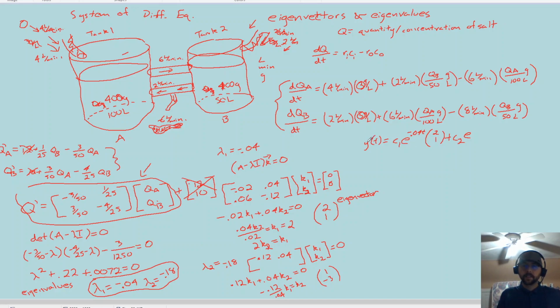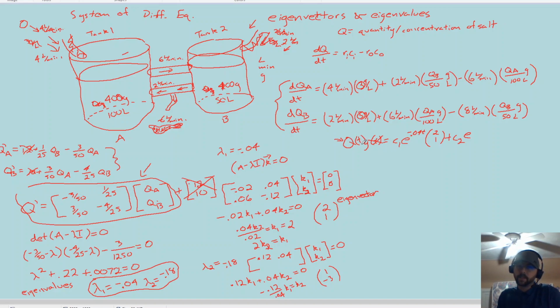And technically, this should not have been just y of t like that. It should have been, what even variable was I using? Q. This should be q of t, and I already used capital Q, but this is q as in vector q, not just function q, which normally you would distinguish by capital and lowercase, but I already used capital. I can make it bold, but I can't.